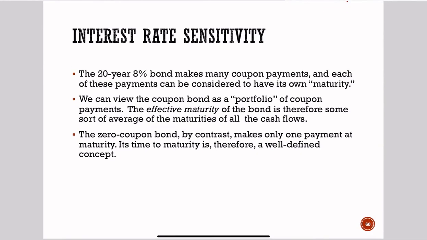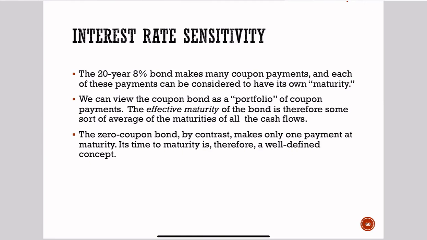Now let's summarize why the 20-year 8% bond has lower effective maturity compared with the zero coupon bond. The reason is because this 20-year 8% bond makes many coupon payments. And each of these coupon payments has its own maturity. So basically the 20-year 8% bond is actually a portfolio of coupon payments.